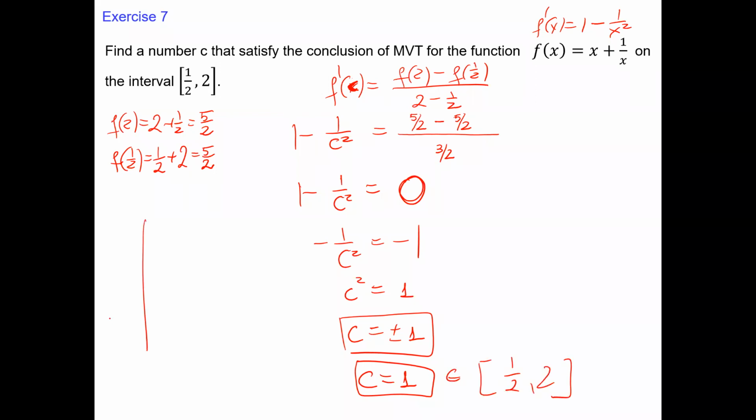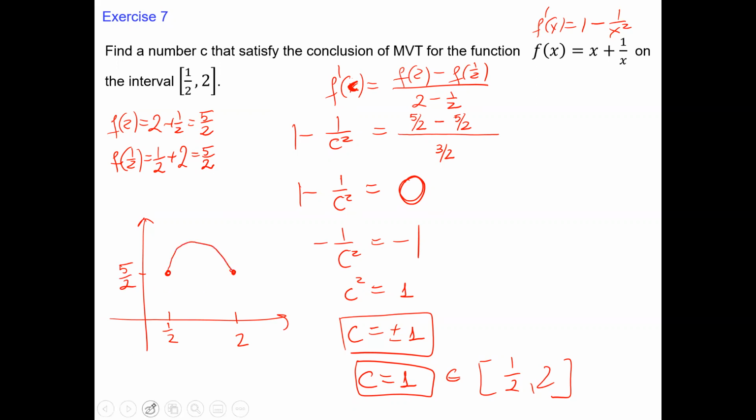Okay, I don't have the graph, but the values at 1/2 and 2 are the same, 5 halves and 5 halves. Maybe something a little bit closer to 1/2.